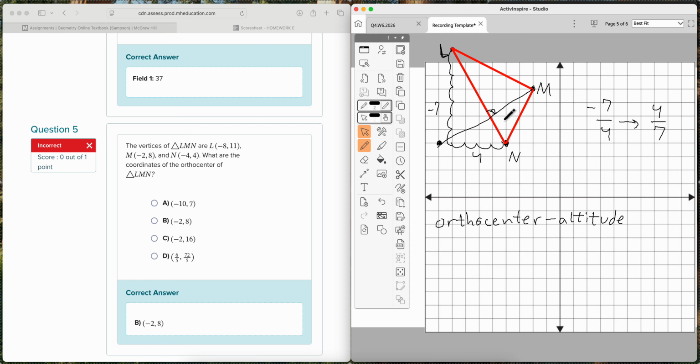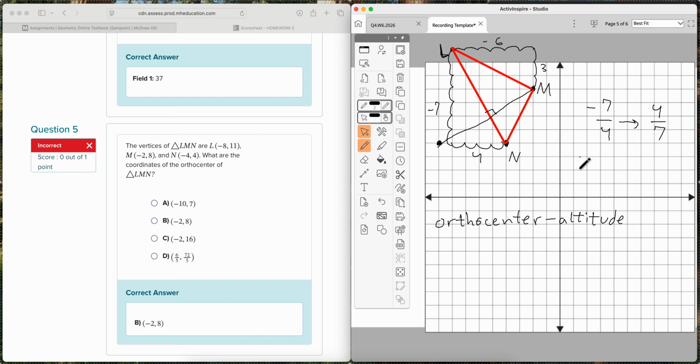The best I can do through that side, right angle. You can see it looks pretty perpendicular to me. So we could do the same thing from vertex N to that side. The slope is 1, 2, 3. Oh, this is going to be kind of annoying. 1, 2, 3, 4, 5, 6.